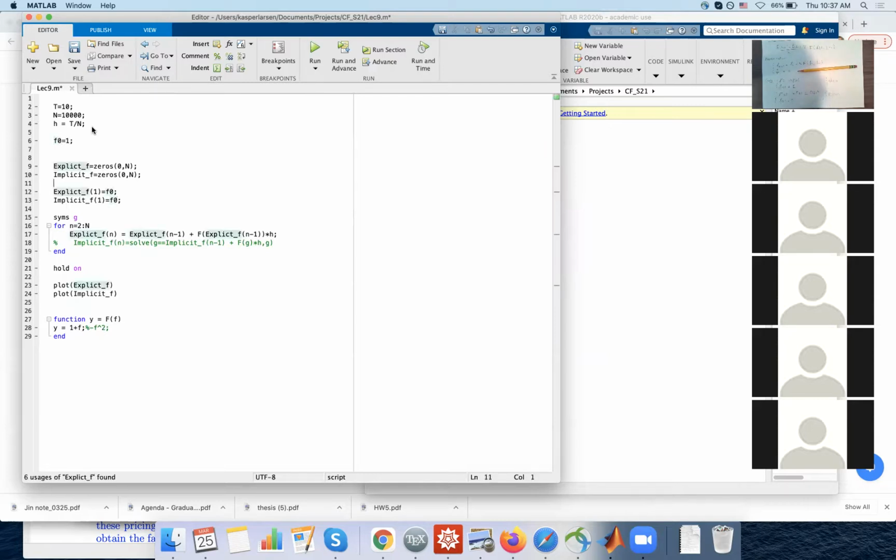Okay, so we're just looking at the explicit for now. So the explicit one moves through the time steps. My time horizon is 10 years or 10 units of time. I go from time 0 up to time 10 years. And then what I do is I take the Euler scheme. It says you take the function, you evaluate it at the previous point, and then times the time step.